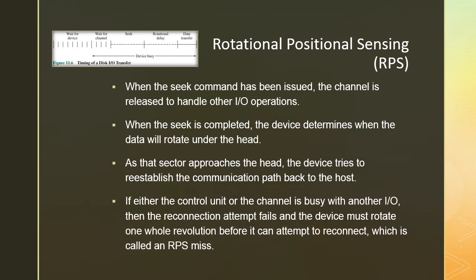If either the control unit or the channel is busy with another I/O, then the reconnection attempt fails and the device must rotate one whole revolution before it can attempt to connect, which is called an RPS miss. So if we are using rotational positional sensing, we need to add the delay of the RPS miss to all the delays shown in the figure above.